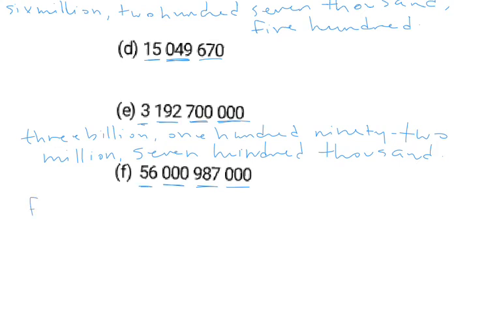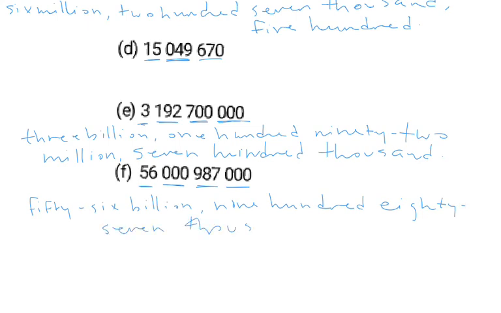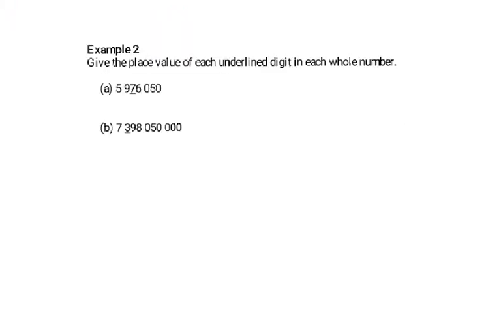So we have 56 billion, comma, we can skip the millions because there aren't any, 987,000. And that one is finished.